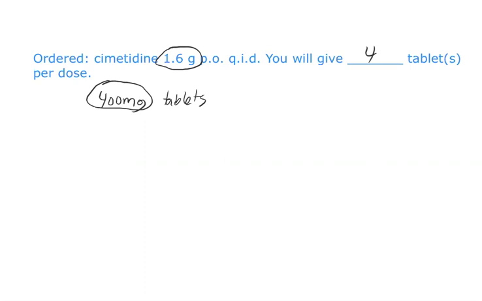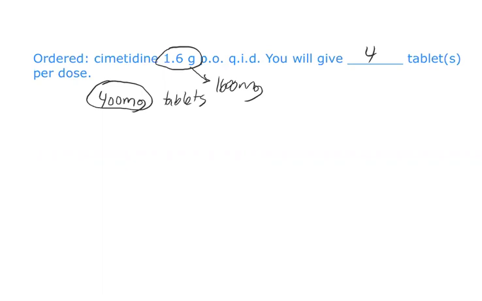I usually prefer to convert into the smaller unit, and I will usually only convert the order and not what's available. So 1.6 grams into milligrams is 1,600 milligrams. All I did there was move the decimal 3 to the right.